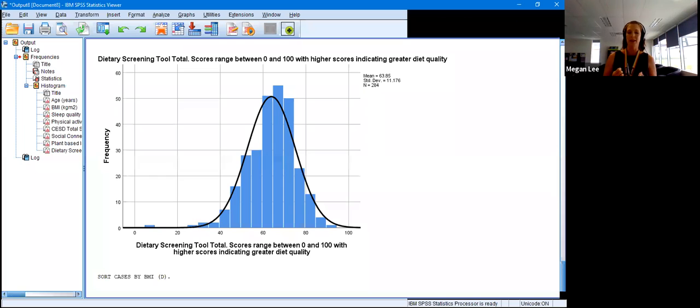There's one about lamb and beef, one about fish, one about eggs, one about milk. If you eat them more than 3 times a week, or whatever the Australian Dietary Guidelines say, you score 5 points. But if you don't eat them, you score 0 points. So when we do the dietary screening tool on the vegans and the vegetarians with those questions, they score 0 for healthy diet because they just don't eat those things.